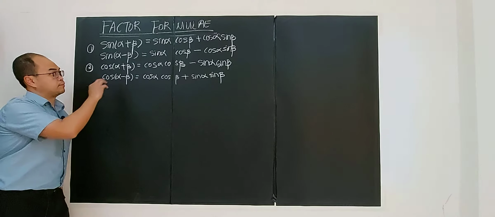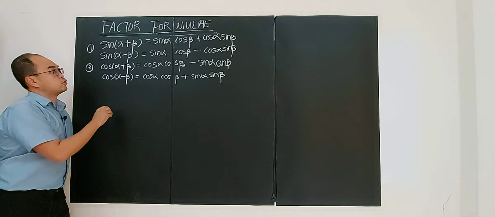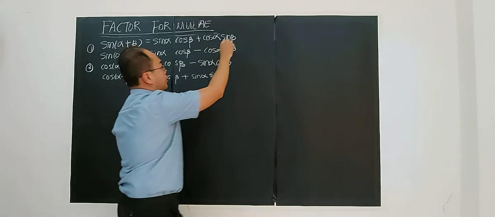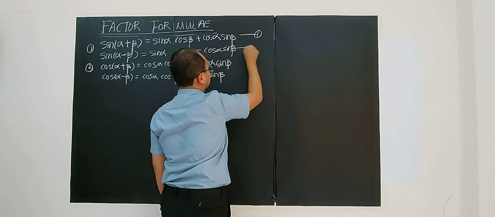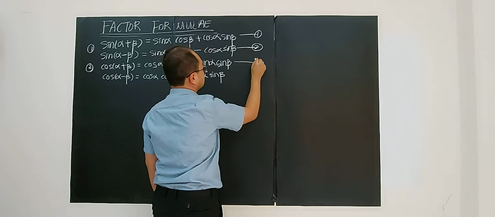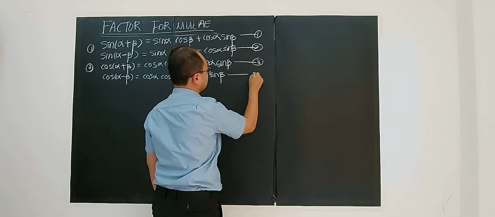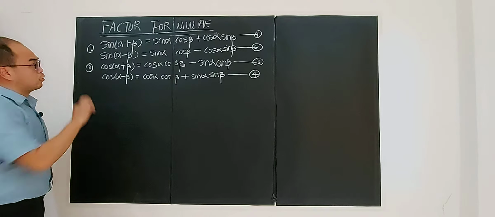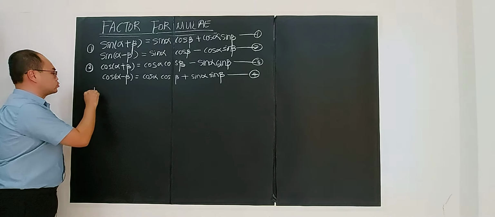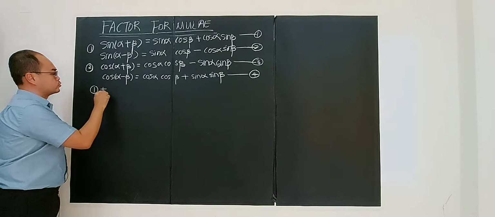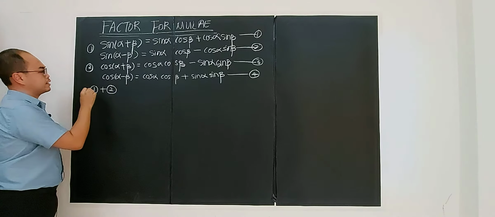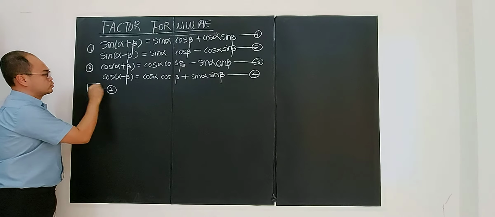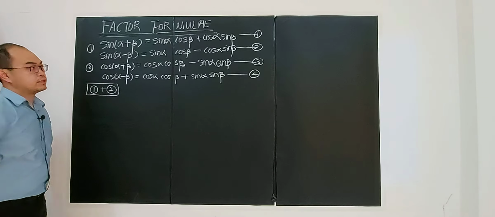Alright? So for example, you look at this one. I name this equation 1, and this equation 2, and this one will be equation 3, and this will be equation 4. So if I add equations 1 and 2, what happens?